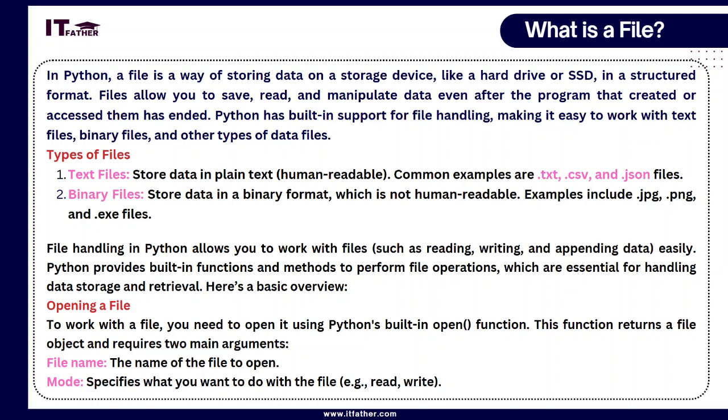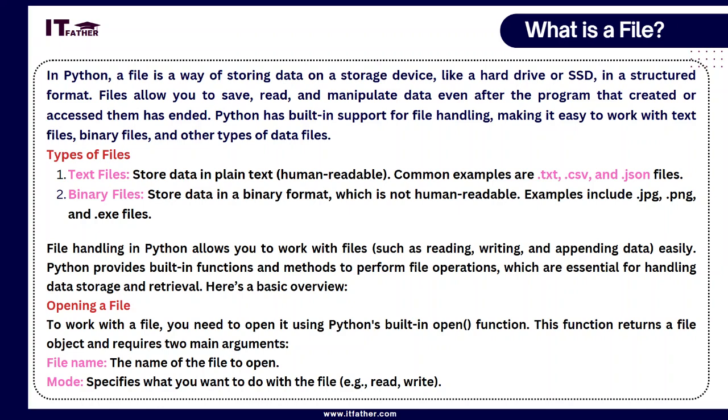A text file stores data in the form of plain text which can be read by a human directly. Means if we open the file by going to the folder directly, we can open the file and read the contents directly. It is readable. For example, a text file, CSV file and JSON file can be opened directly and read also.